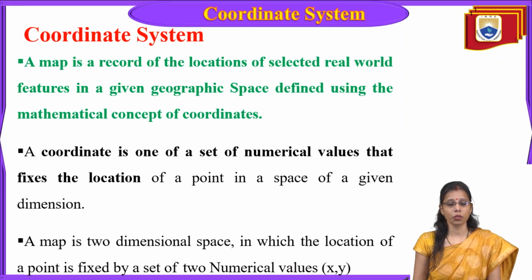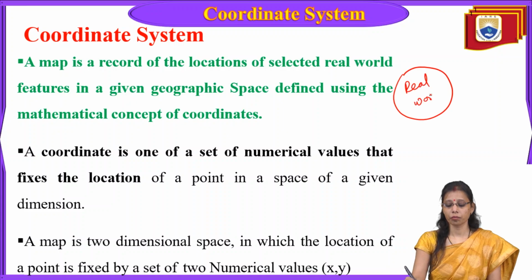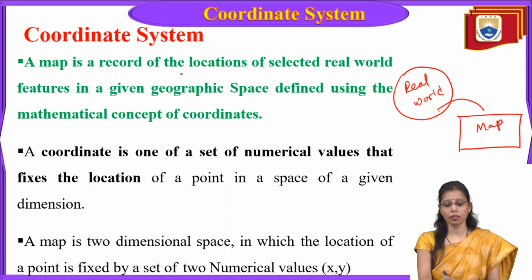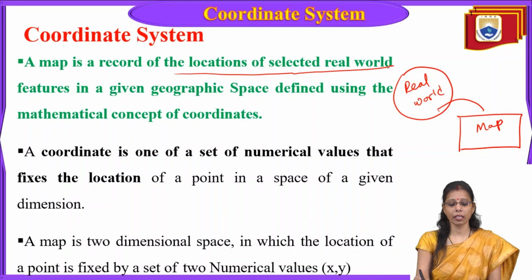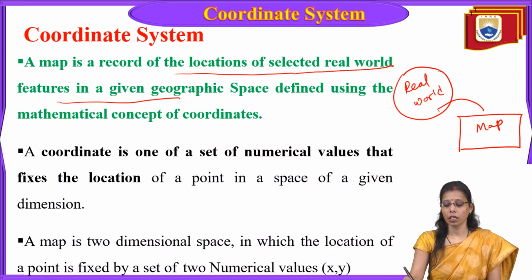Now, coordinate system. A map is a record of the locations of selected real world features in a given geographic space. That means when this is the real world, from this real world the map is converted to 2D. Real world features means, if you have a road here, this is the real world road.